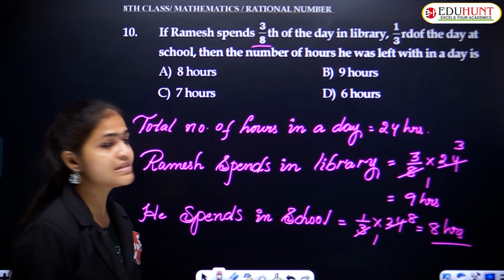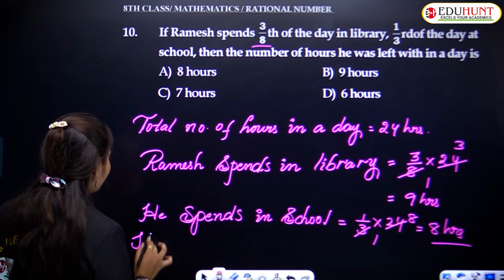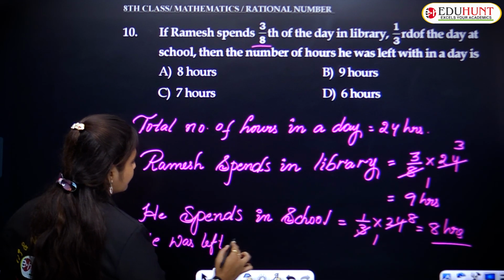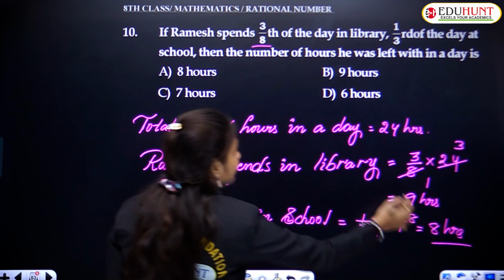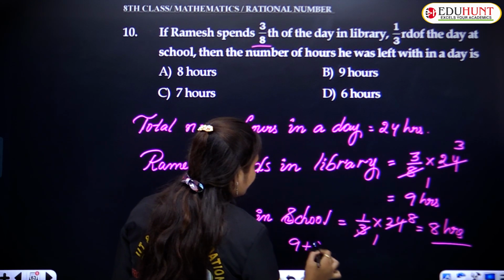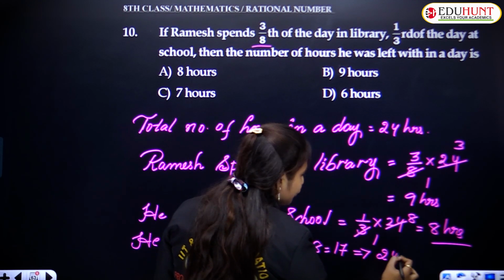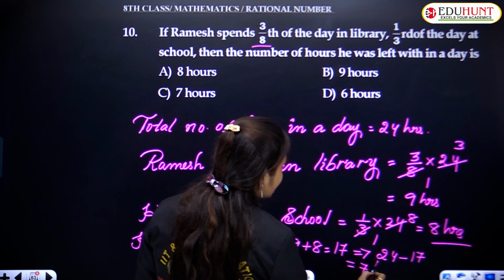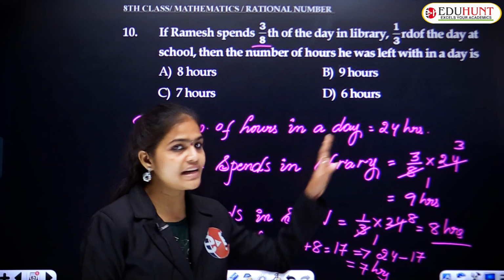So how many hours is he left with in a day? Here 9 plus 8 is 17. From 24 hours, 24 minus 17 equals 7 hours. So he was left with 7 hours in a day.